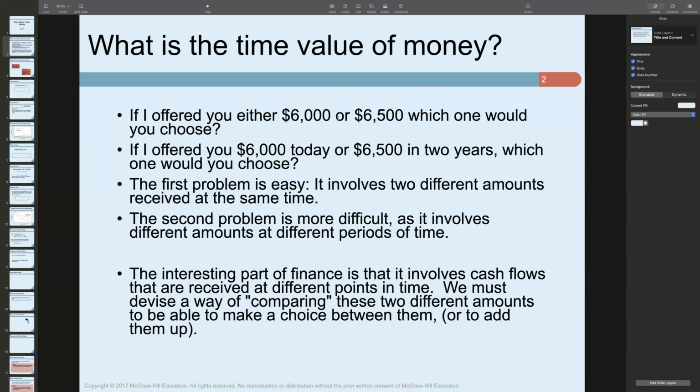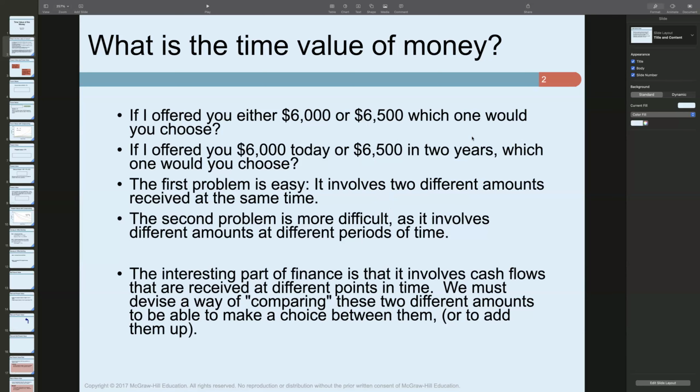Cash: 6,000 today or 6,500 in 2 years. You should be able to see the poll in just a few seconds.